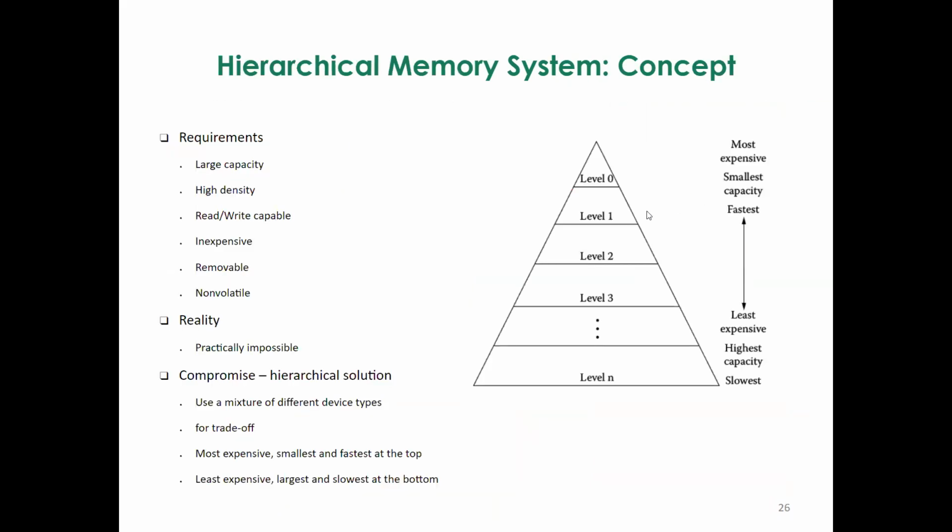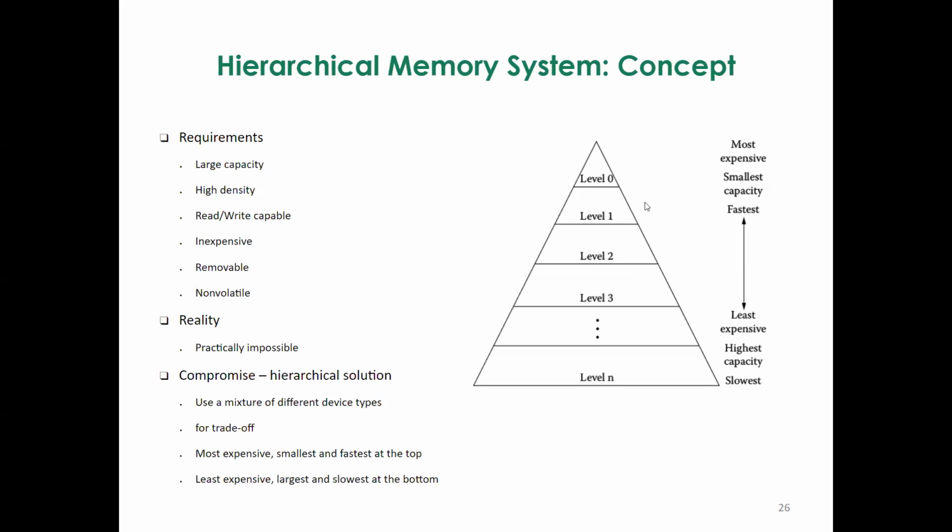So this is the idea, which is also captured using the pyramid that we discussed previously, of having the most expensive, smallest capacity, and fastest memory at the top. Okay, these are your register memory.